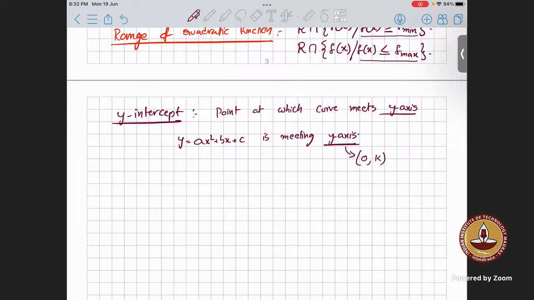Any point on the y-axis has x equal to 0. Agree?